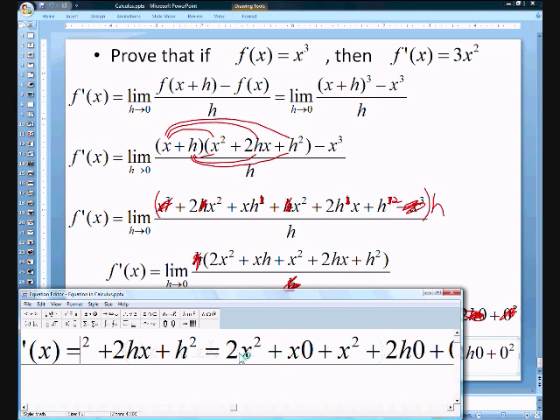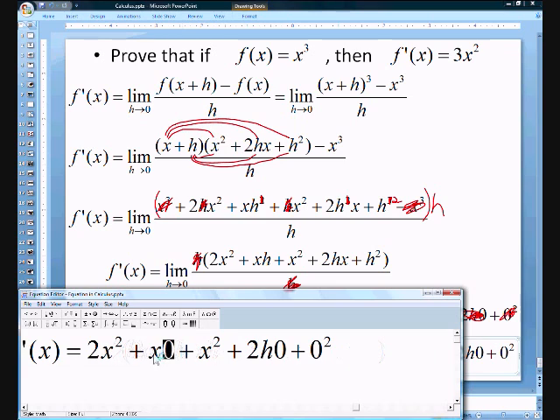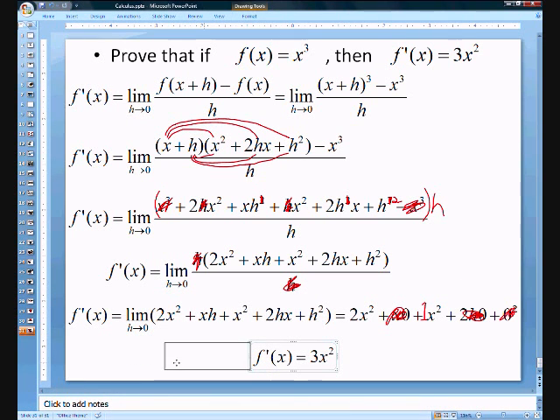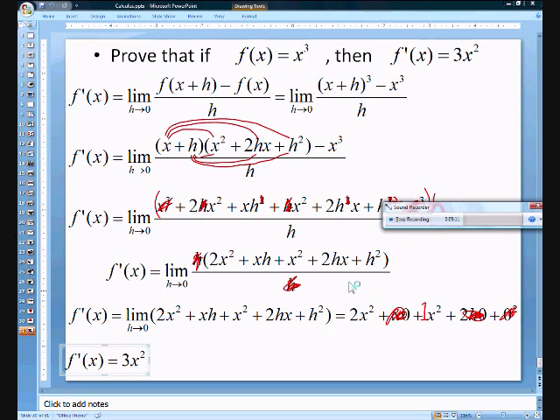So, there we go. We got rid of that, we got rid of that, we got rid of that, and we have 3x squared left, and that is our derivative. Alright, so I hope you understood that, and I will see you in x to the power of 5.